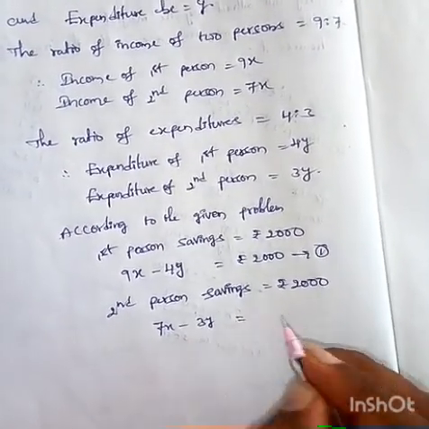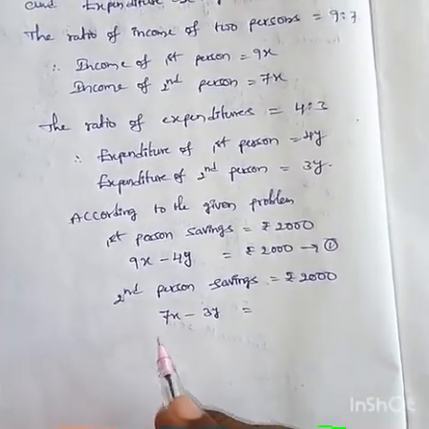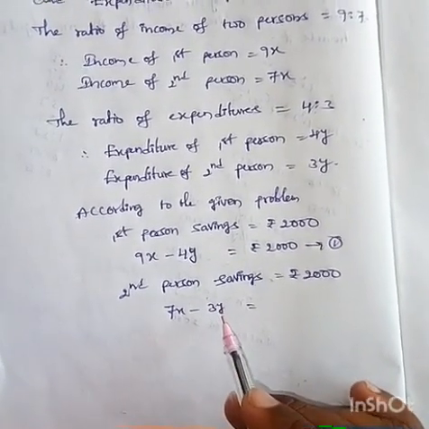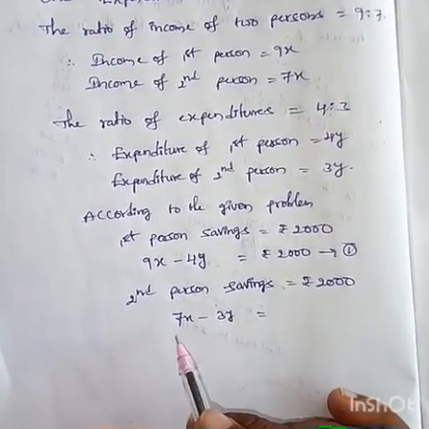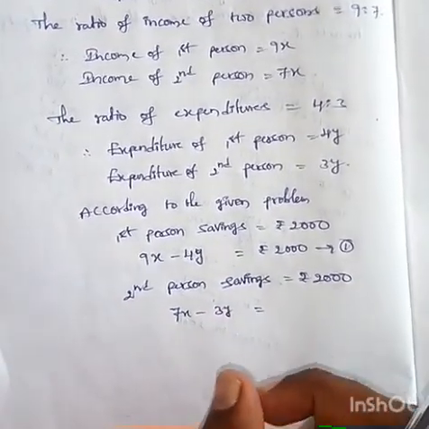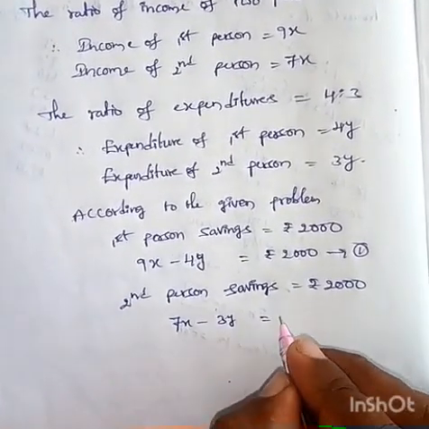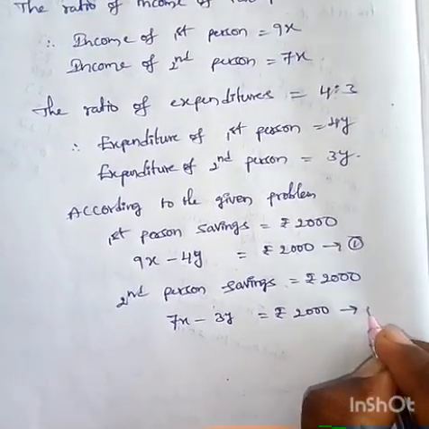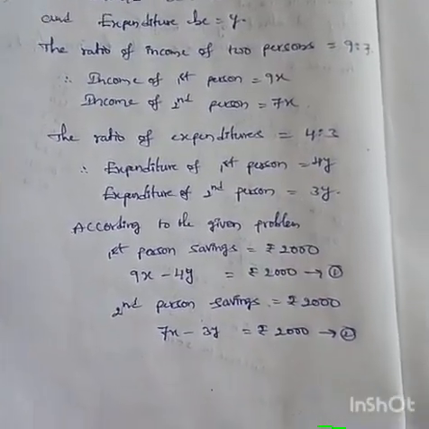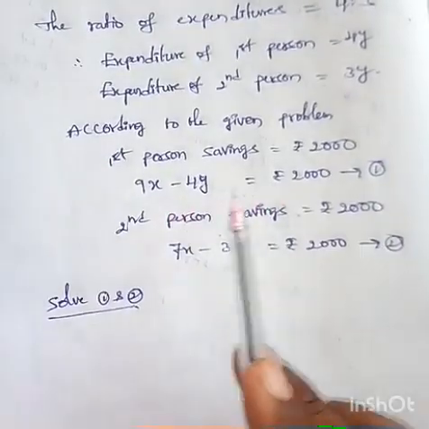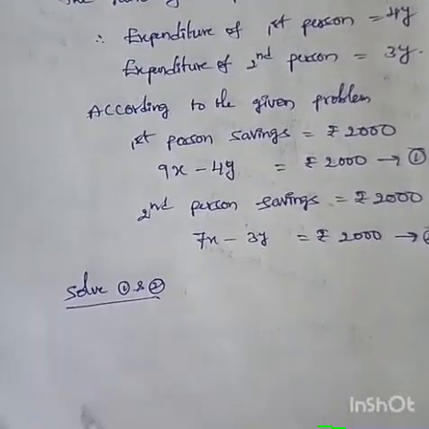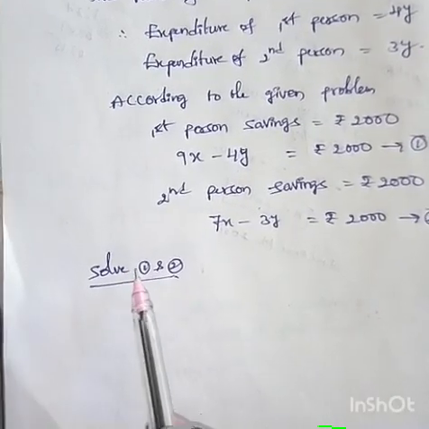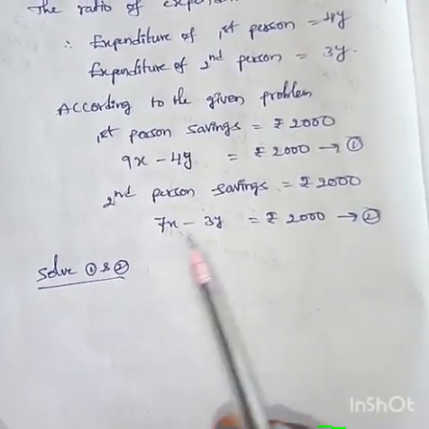So his income is 7x rupees and his expenditure is 3y rupees. So we have to subtract his expenditure from his income and the remaining amount he saves. So what he saves according to the problem? 2000 rupees. So this is the second equation. By solving equation 1 and equation 2, we can get the monthly income amount.